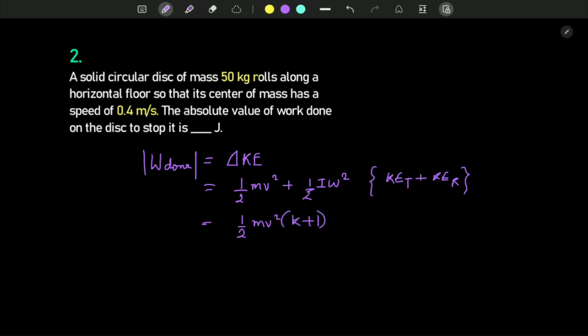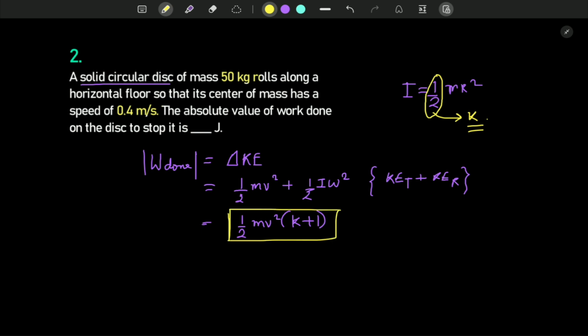This is total kinetic energy, where K is the coefficient, like I equals mr square, and in this question it is a solid circular disc, so half mr square. This coefficient half I used to denote by K, and K is not the radius of gyration, though in many books it is written by K. Here this coefficient is K, so this is the direct formula for total kinetic energy.